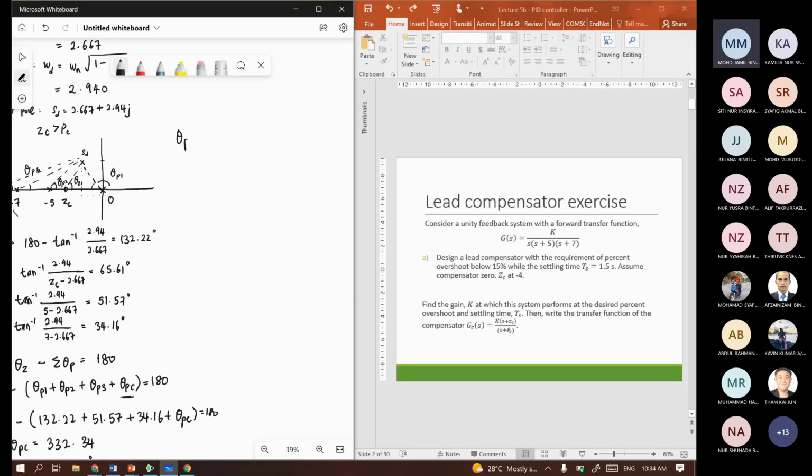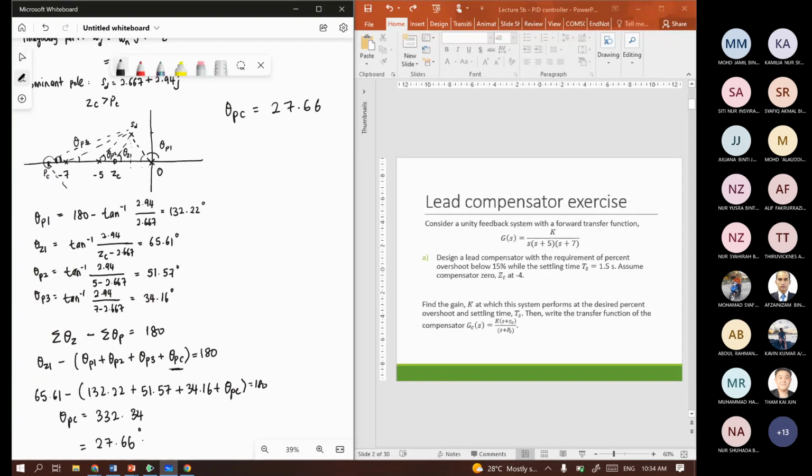So theta PC equals 27.66. It's the tangent inverse of 2.94 divided by PC minus 2.667.